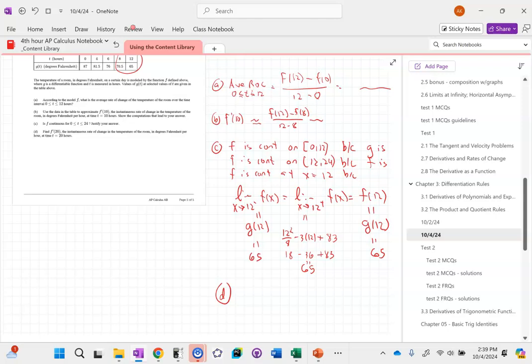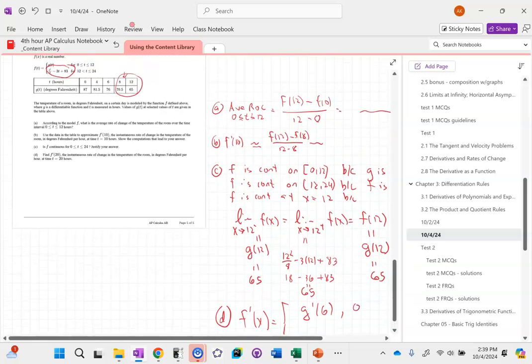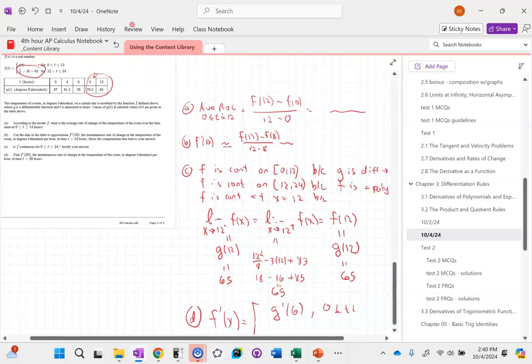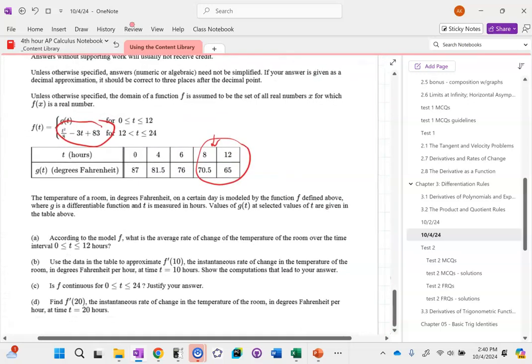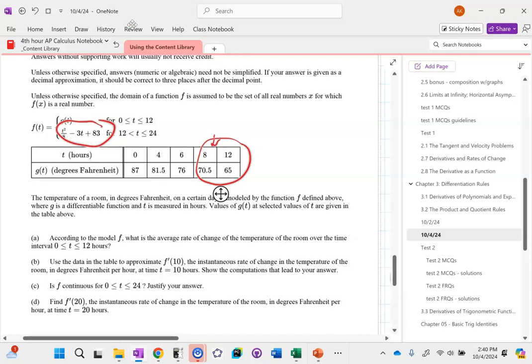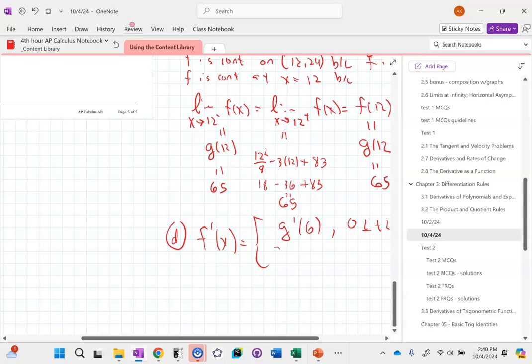And then it says find f prime of 20. So f prime is going to be g prime from 0 to 12, and then it's going to be 2t over 8 minus 3 from 12 to 24.